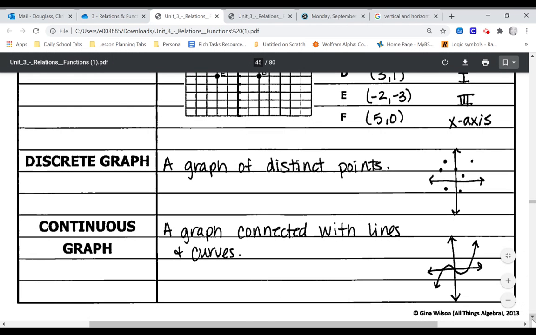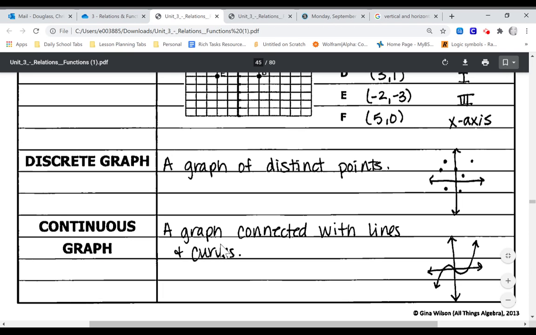When we plot points like this, it is called a discrete graph. A discrete graph is simply a graph of distinct points. You could count the number, whether it be a few points or lots of points. Many times, we will deal with what's called a continuous graph.